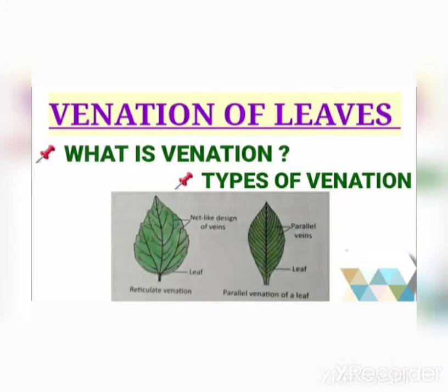Now we will talk about a very important part of leaves, that is veins. What are veins? Veins are thin fine structures which you can find spread throughout the leaf blade. Their job is to transport water and food to every corner of the leaf, and hence veins are the vascular tissues of leaves. They help in conduction of water, minerals, food, etc. As we know, the leaf is quite big. When roots absorb the water, it is carried through the stem to the rest of the plant, and then the stem provides it to the nodal region.